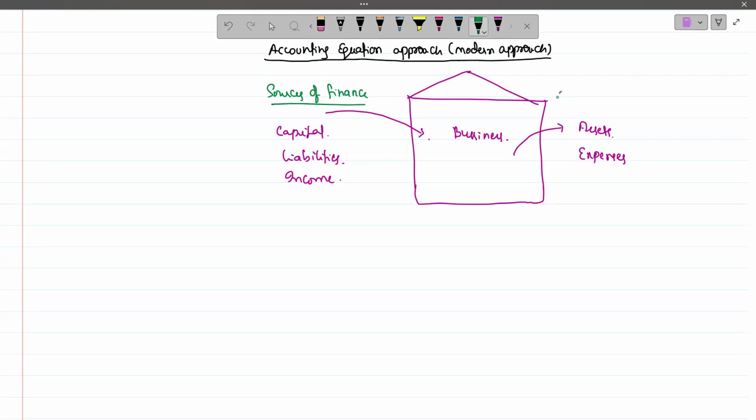of the finance, and these are all called what? Application of the funds available. So how can we write? The total sources of the finance equal to total application of the funds.